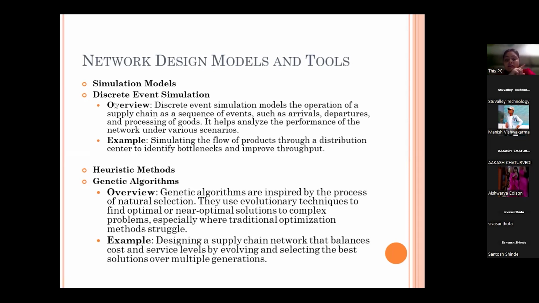So this distribution, or this flow of the product, is how we can smoothly reach the customer with less delay time and good quality, and with no errors or quality issues raised by the customer. So this kind of model we are using there.